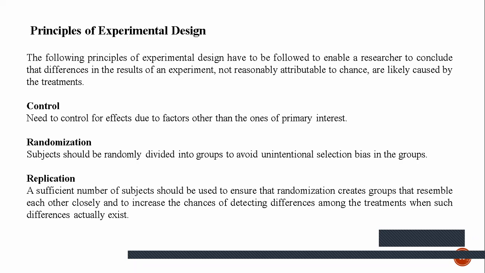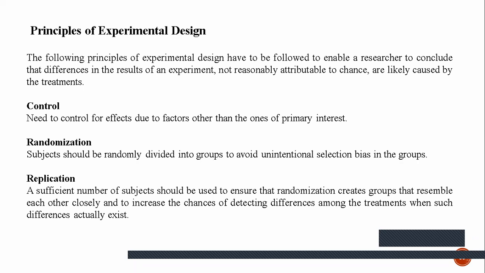So for the control experimental design, we need to control for effects due to factors other than the ones of primary interest. And for randomization, subjects should be randomly divided into groups to avoid unintentional selection bias in the groups.